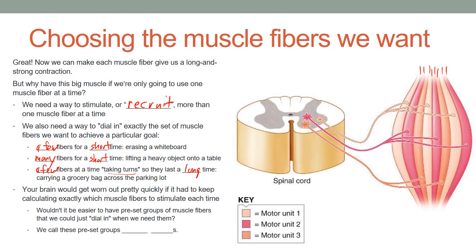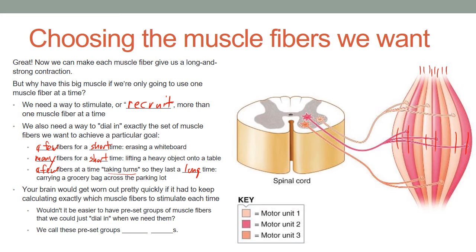At first it doesn't feel that heavy, but the further you go, the heavier it feels because some of your muscle fibers are starting to wear out, or fatigue, as they say. So we have to contract maybe all the pink fibers here for a short time, and then when they start to wear out, we can contract the tan fibers, and they can take turns, letting each set of muscle fibers recover a little bit.